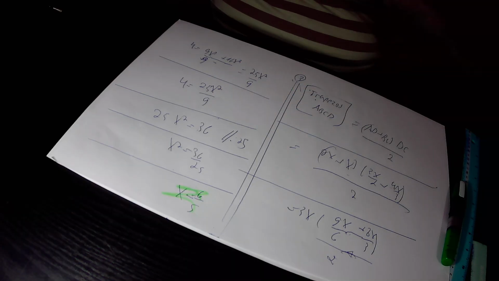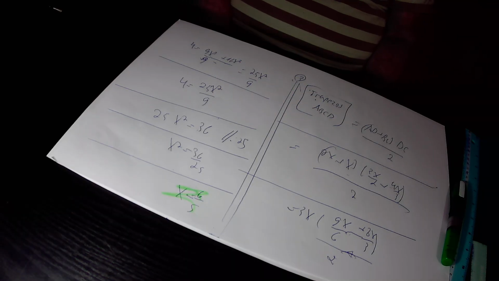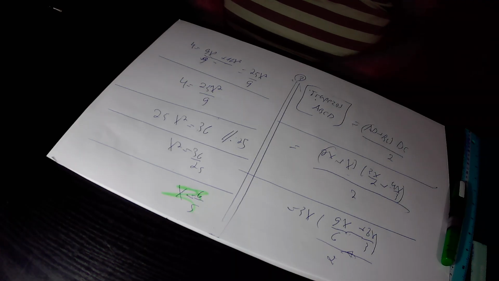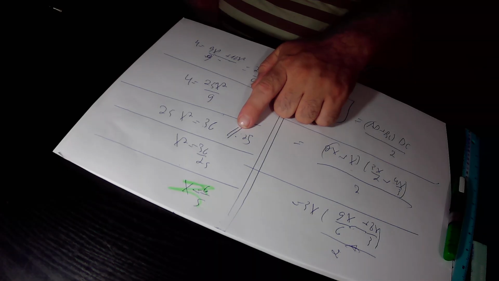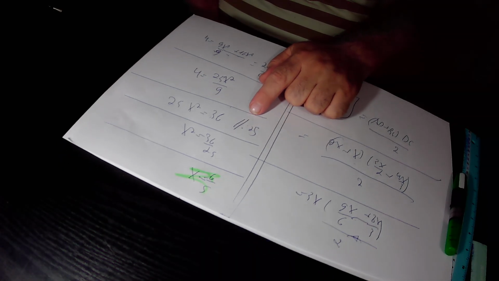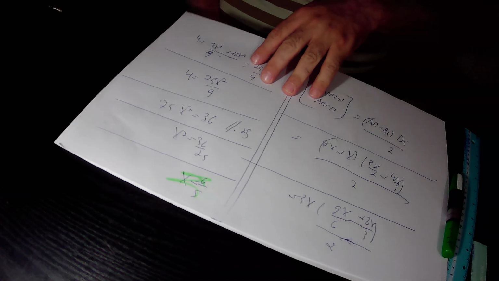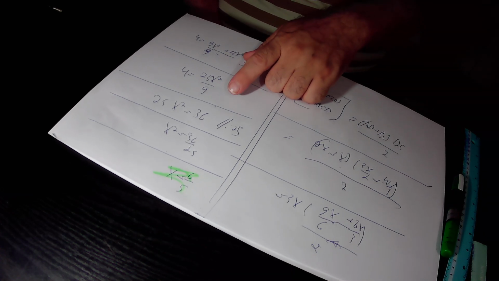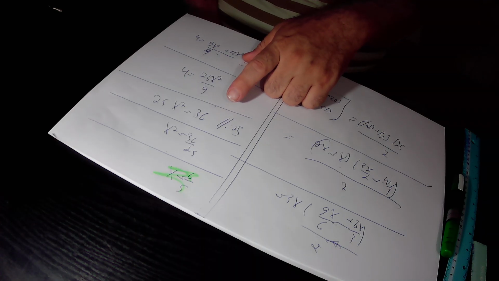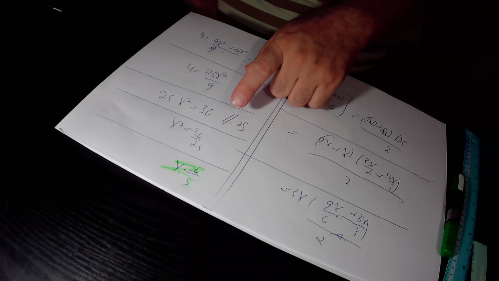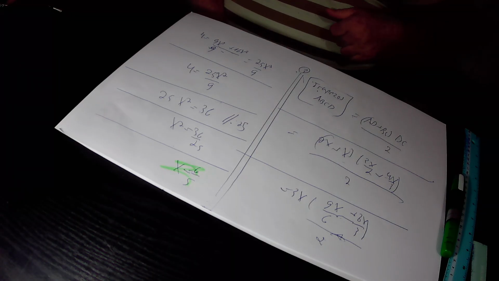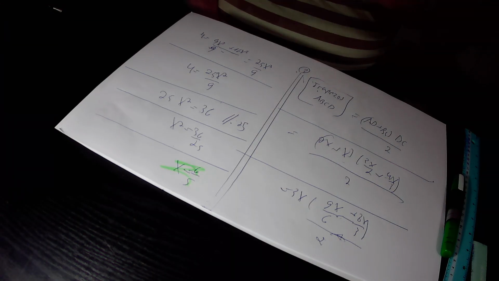Here we take the square root of this equation and find that x equals the square root of 36, that is 6, over the square root of 25, that is 5. So x equals 6/5.